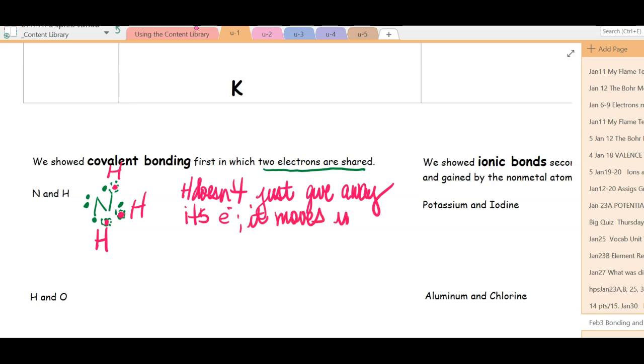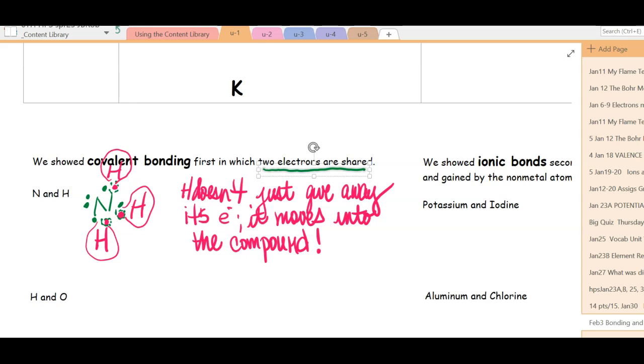It moves into the compound. So that's why you can't just put the electron there without the whole hydrogen coming with it. And so these 2 electrons are shared.